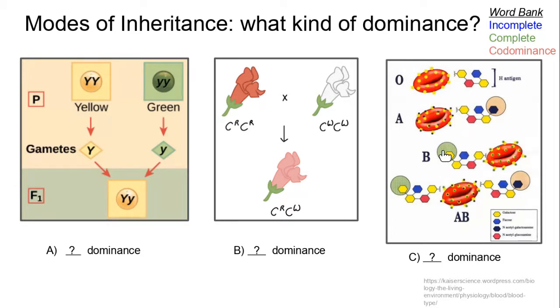So because they're not mutually exclusive, you can have both, and one doesn't take over the other, then this one is codominance.